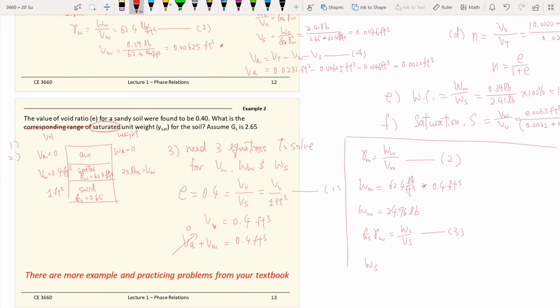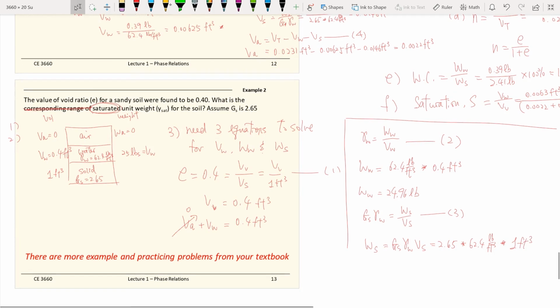So the weight of solid will be equal to G sub S times gamma W times V sub S, which is equal to 2.65 times 62.4 pounds per cubic foot times the volume of solid, which is 1 cubic foot. And we do our math here. The weight of the solid will be equal to 165.36 pounds.